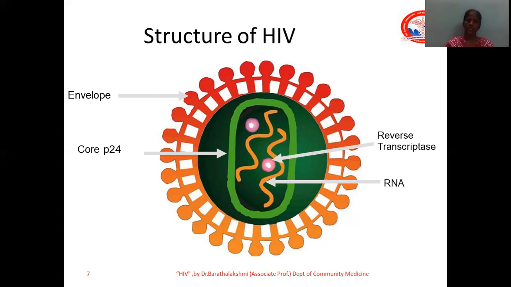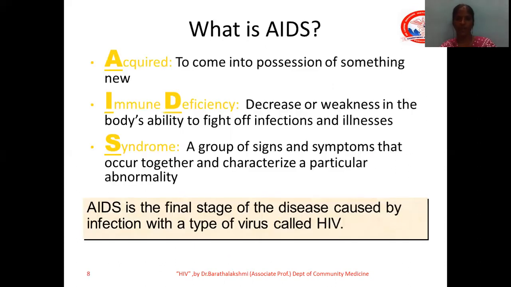So this reverse transcriptase is an important enzyme which is responsible for converting RNA into viral DNA, which will mimic host DNA and gets integrated with it and forms viral DNA copies, and then followed by extrusion of viral RNAs. So this is the structure of HIV.